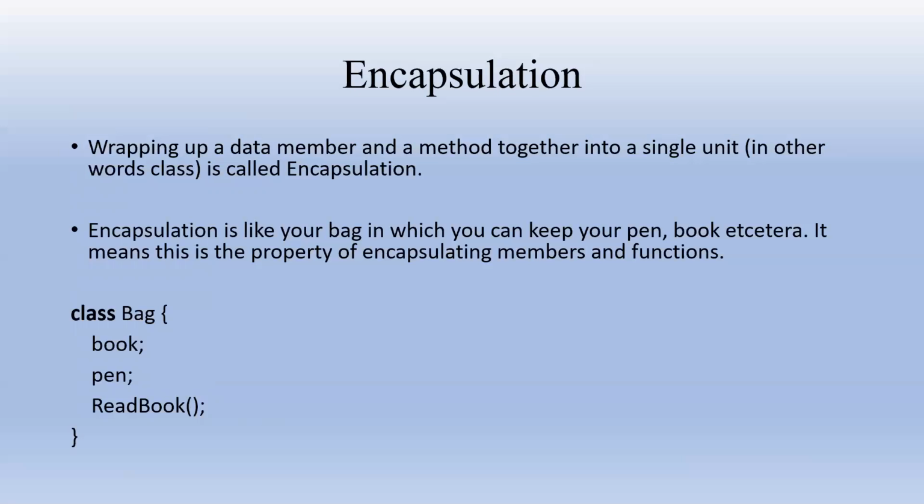Here you can see an example. We have a class named bag. It has properties like book, pen, and a function, read book. This encapsulation of properties and functions inside a capsule or a single unit is known as encapsulation.